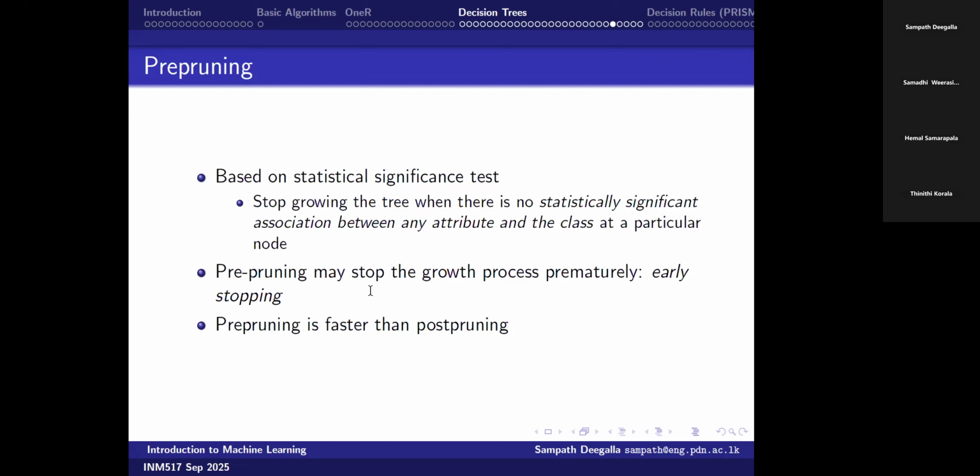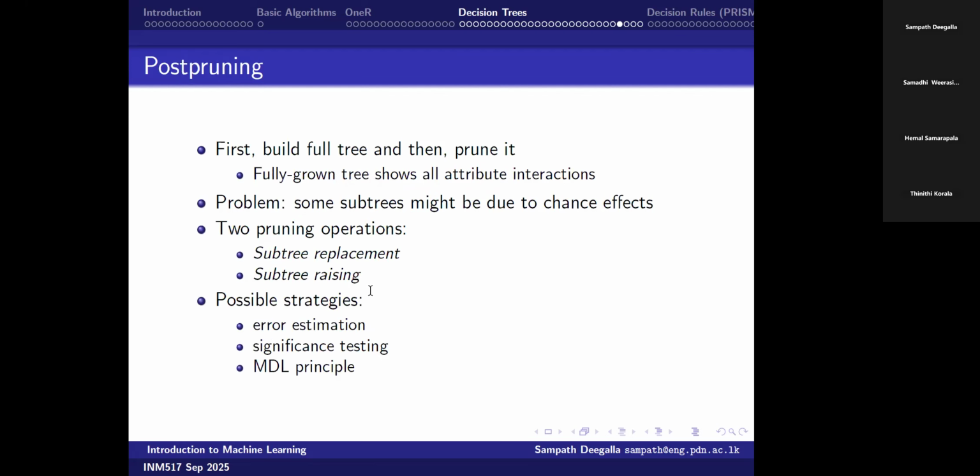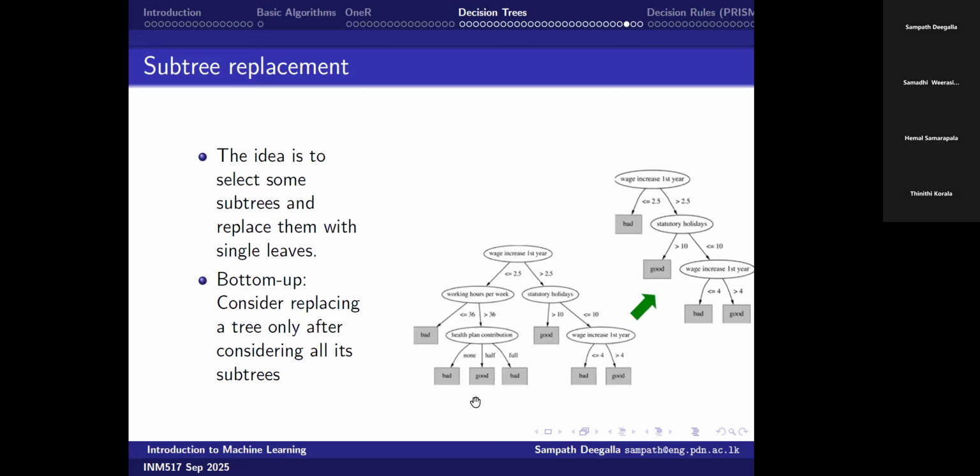Right. Now let me show you some of the post-pruning techniques. I'm going to show you two techniques, subtree replacement and subtree erasing, meaning removal of branches. Okay, observe this small tree. If you look at this particular branch, majority of the labels say bad.